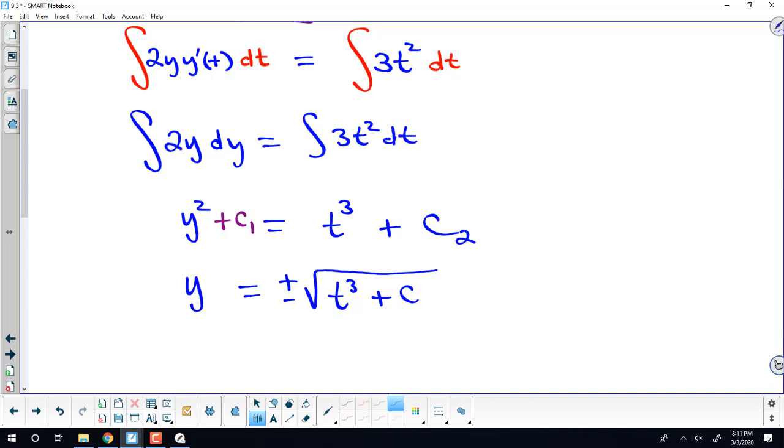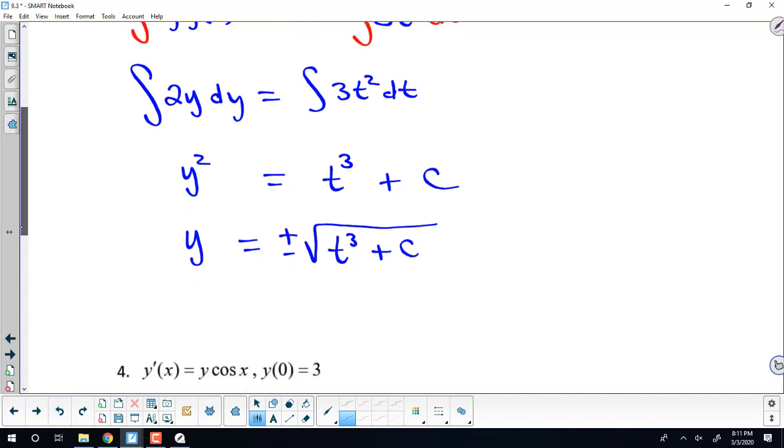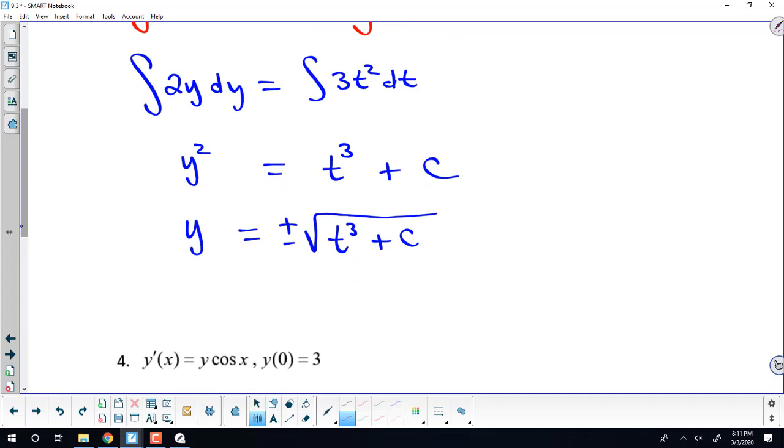So we just put this thing over here, C2 minus C1 is C, and then it's just another constant. Oh, okay, cool. Is everybody okay with that? If you want to put the constants with the y's and the t's or whatever, that's totally fine. It's almost redundant.